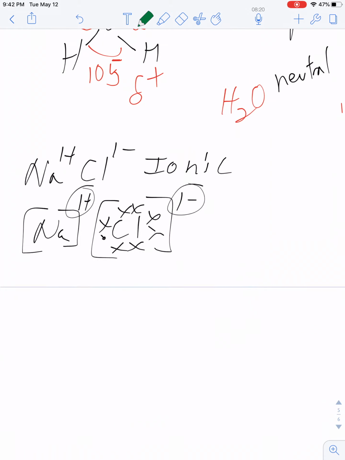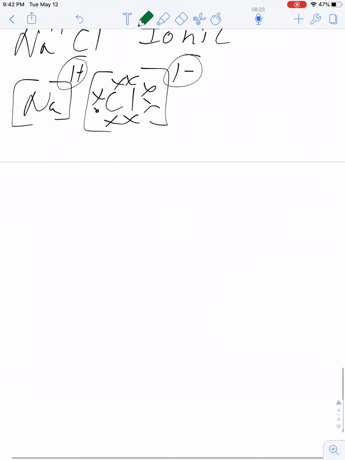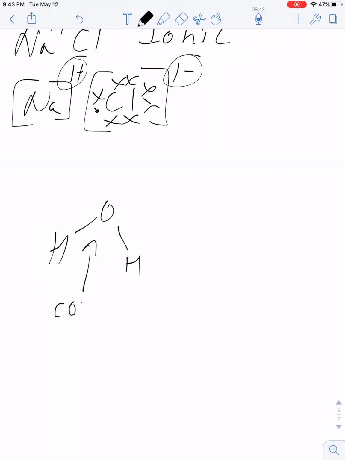Okay? And this is very, very, very important if you are going to study biochemistry, the body. It is these polar bonds which make the chemistry of life possible, because covalent bonds like that are very strong.